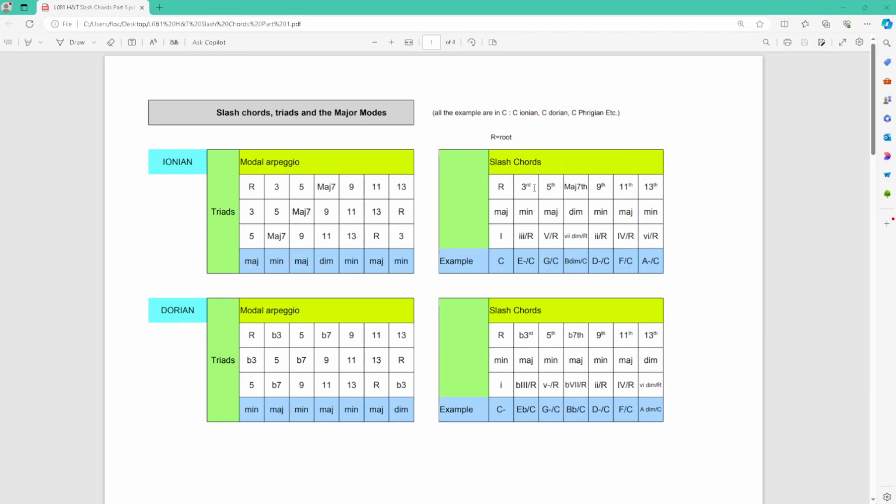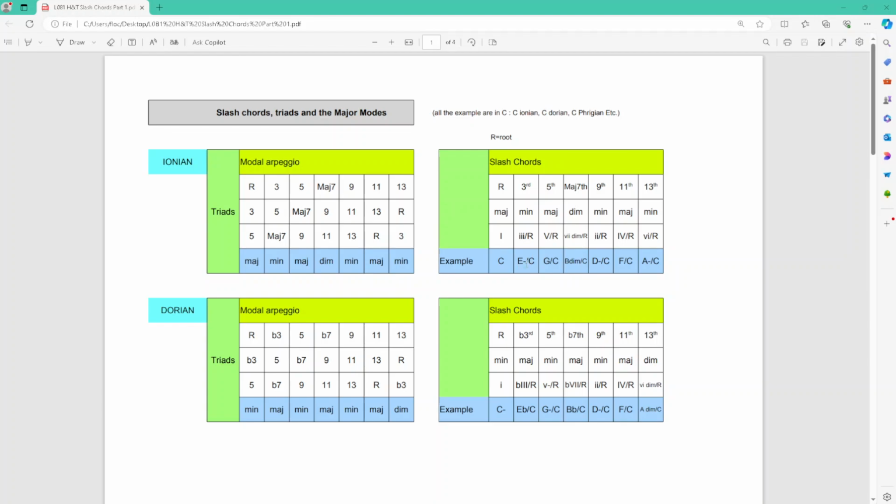So when it says third, what it means in the key of C, the third of C is E, if you look at the C scale. And the triad we're developing from the E note is a minor triad. So the slash chord becomes a minor 3, so an E minor, over the root note.